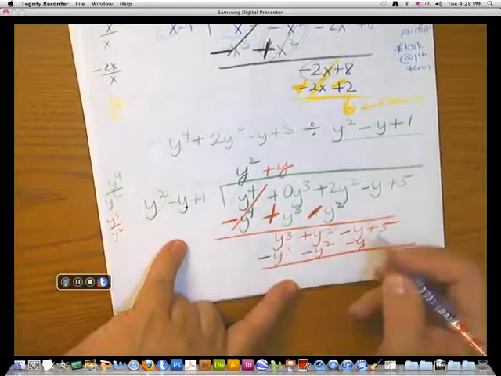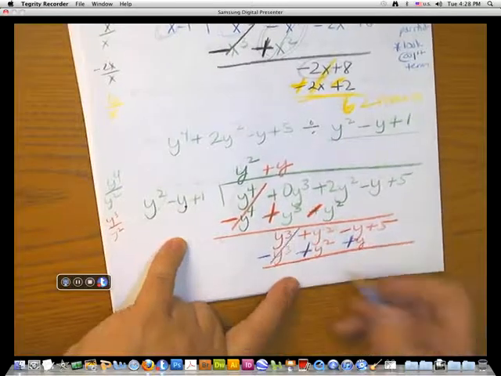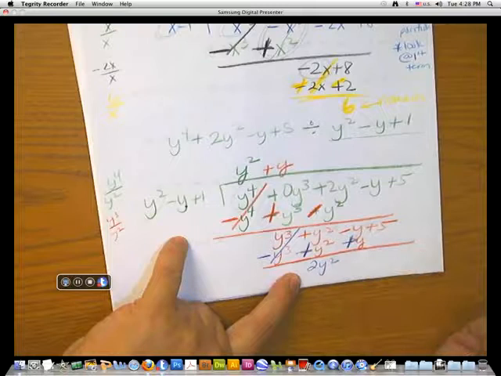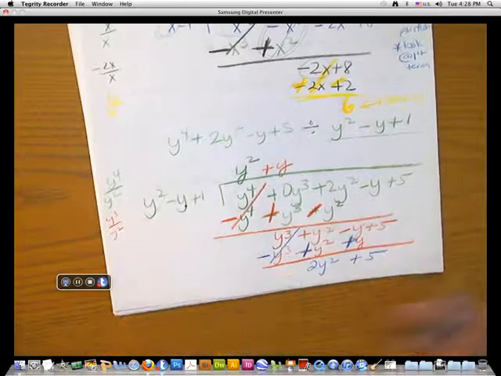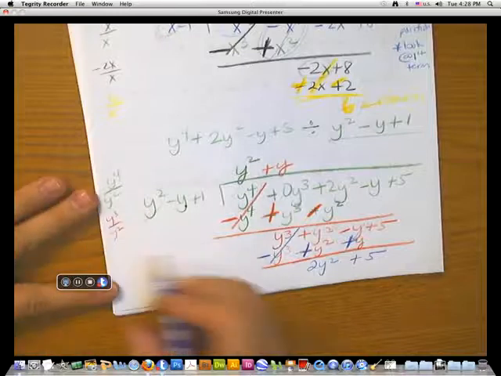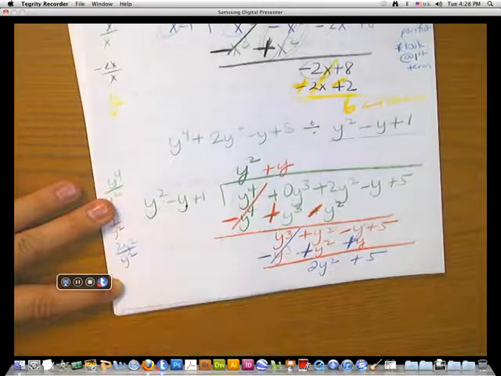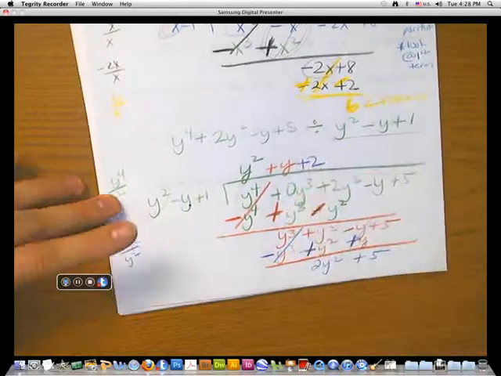When I subtract, I switch signs. First one goes away, it has to go away. Coincidence, the third one goes away. And now I look at the first term and first term. How many y squareds go into 2y squared? Hopefully I come up with 2.